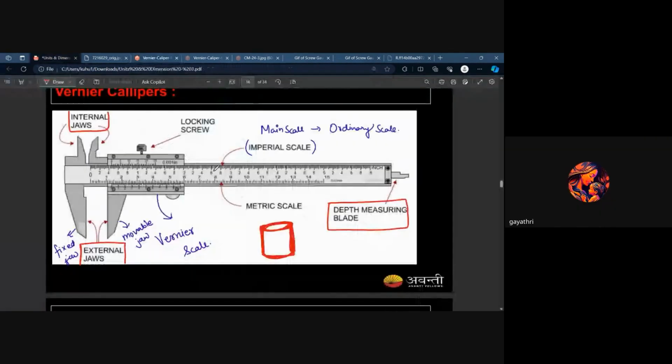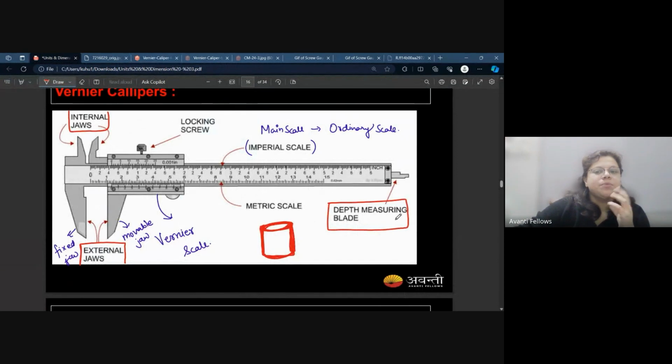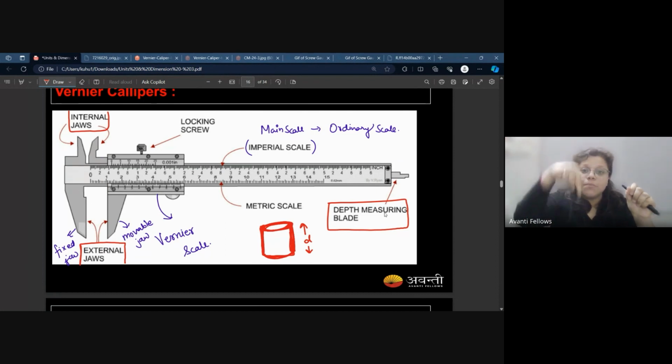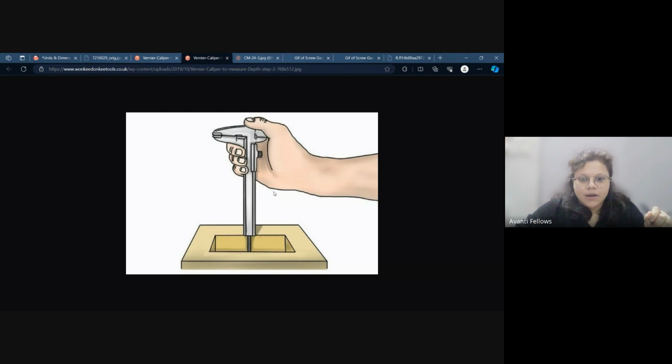Okay. Now come to this depth measuring blade. What if I gave you a beaker and asked you to find the depth of that beaker? So what will you do? You will move this vernier scale and try to touch the tip of this blade with the bottom of the beaker. Like this. See, this is the depth measuring blade.